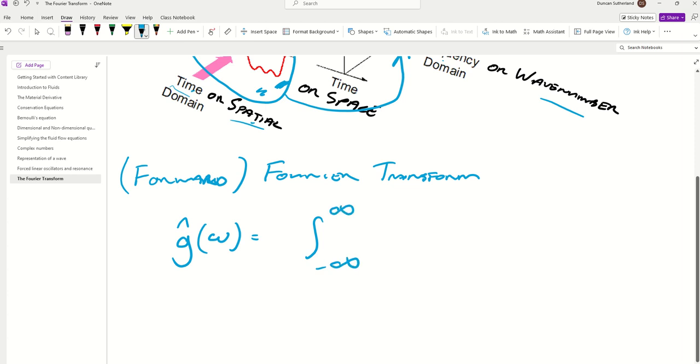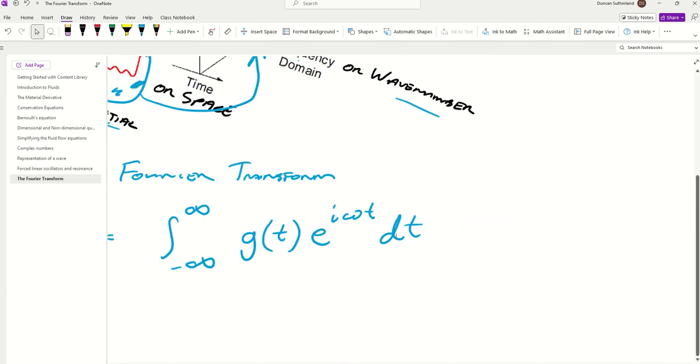So it's an integral over all of the domain. So I'm using t, which has the interpretation time usually. But I could obviously swap it out for x if I wished.